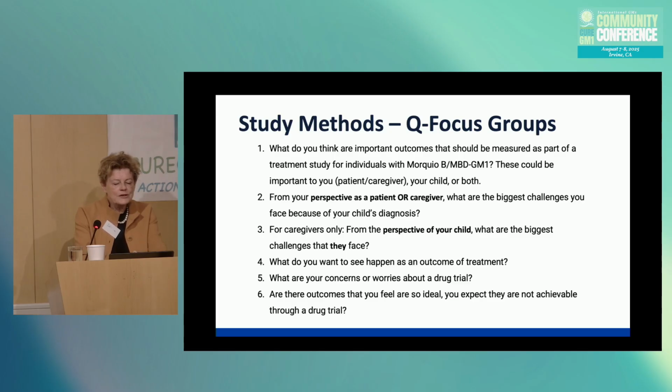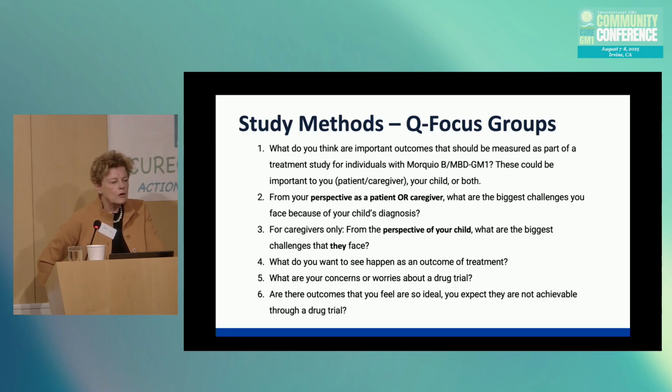So these were the questions that we asked. The main question was, what do you think are important outcomes that should be measured as part of a treatment study for individuals with GM1 gangliosidosis and Morquio B disease?